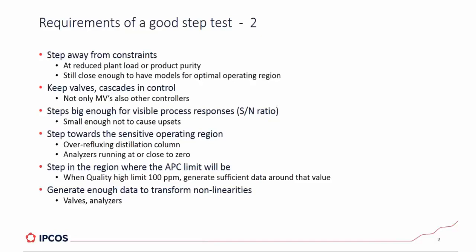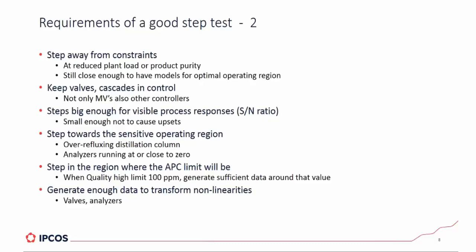Okay, we will typically step in the region where our APC limit would be. So, for example, when we're talking about a quality limit that will be controlled in the APC application at a limit of 100 ppm, then we do want to make sure that we generate sufficient data around that exact value of 100 ppm.